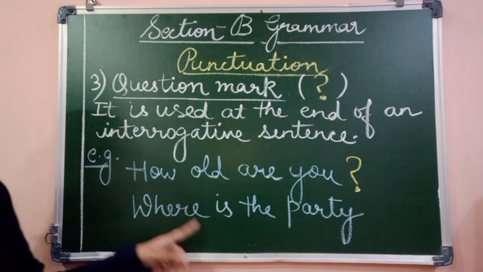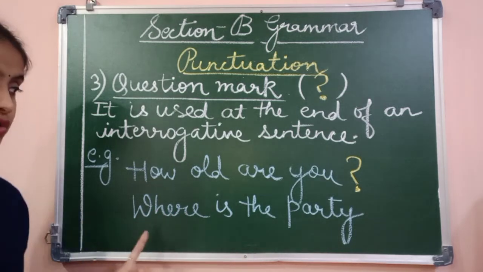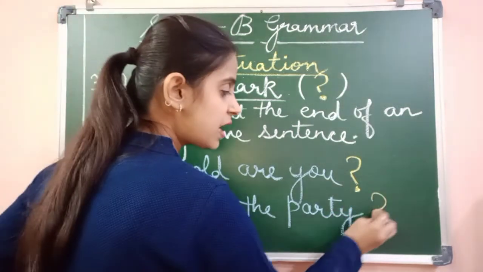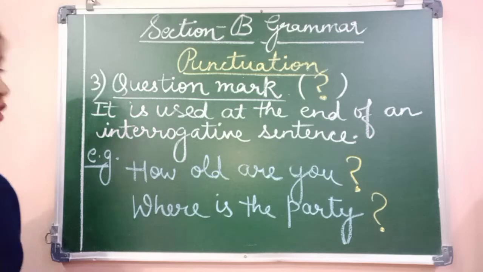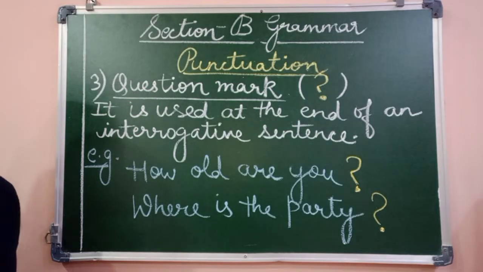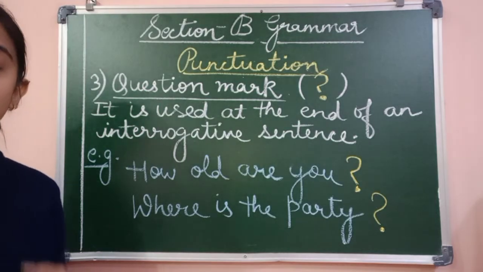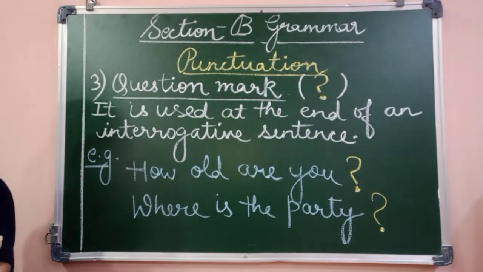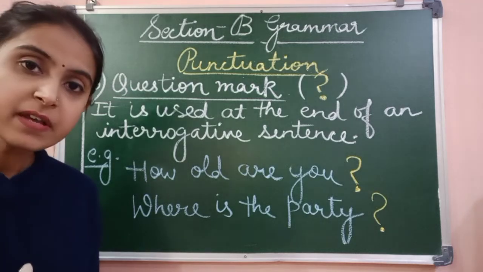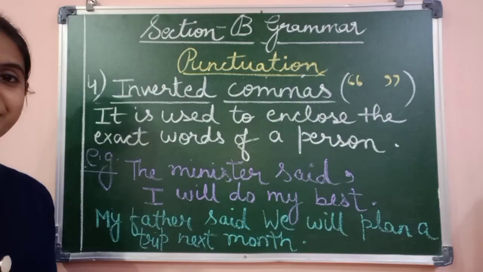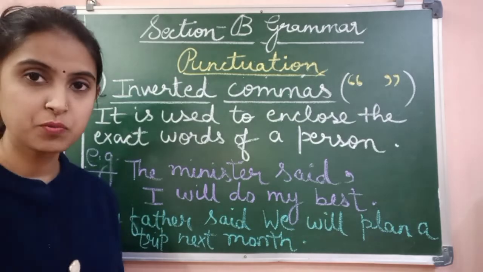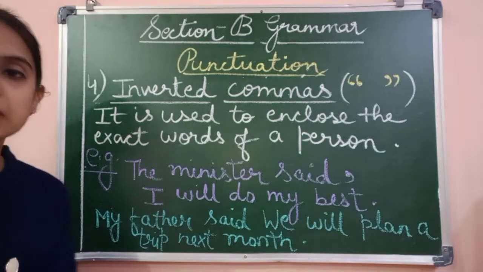Okay, where is the party? Now this is also a question, so we put a question mark at the end. So question marks are generally used at the end of a question or an interrogative sentence, right?